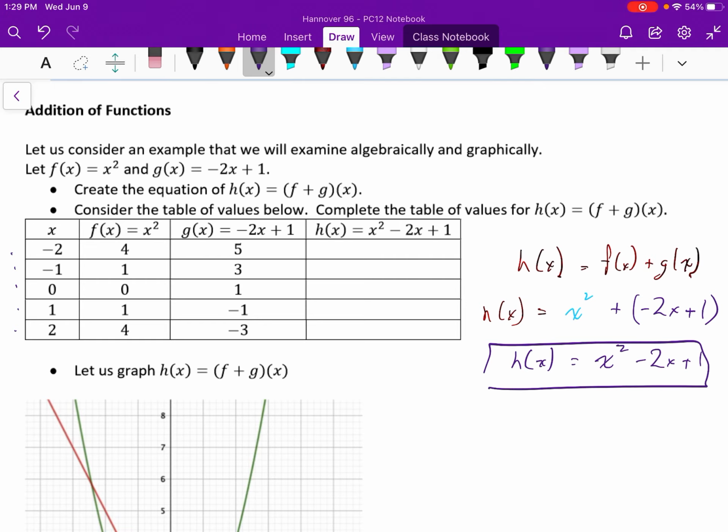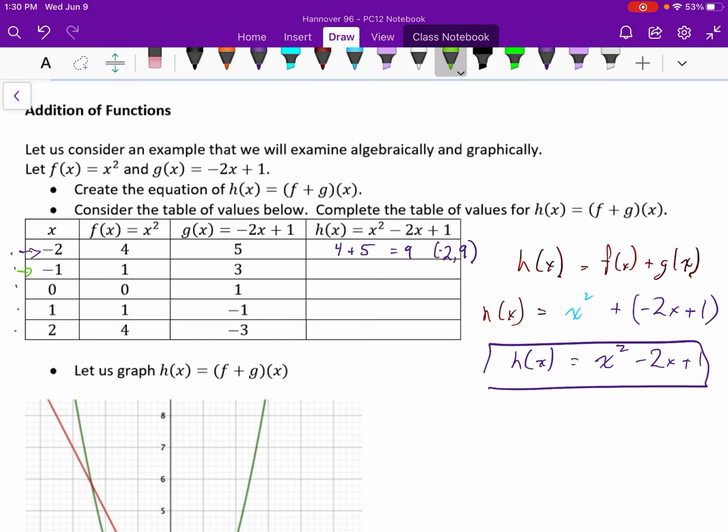So we have all the y values for f, all the y values for g. So here, when x is negative 2, we simply add the y values. So for h of x, we have a point negative 2, 9.